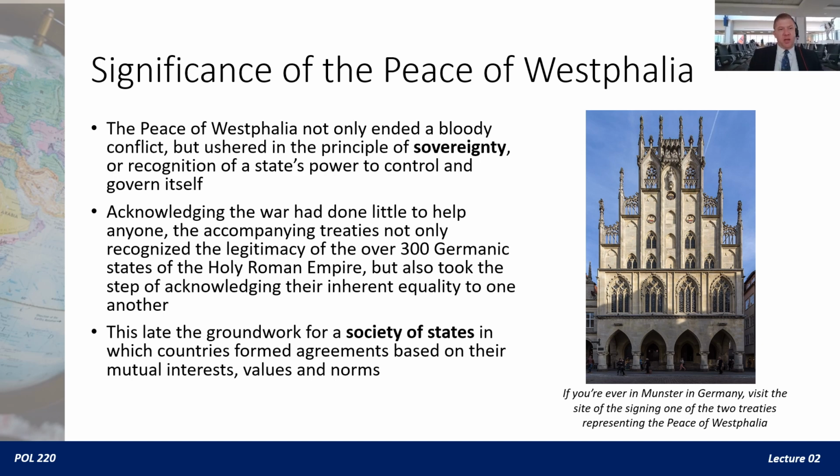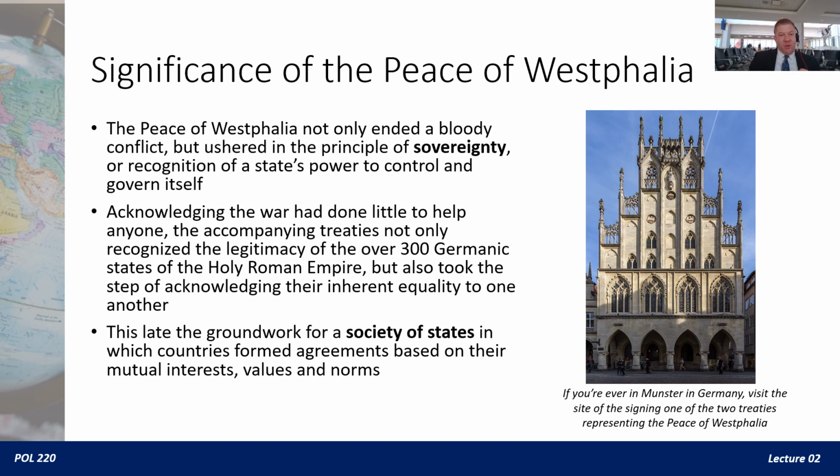Generally the feeling in Europe at the time was that the 30 Years' War had done very little to help anyone. The accompanying treaties, not only this one but others, recognized legitimacy of these 300 different Germanic states that emerged from the Holy Roman Empire, but also took the step of more or less acknowledging an inherent equality across them, that one wasn't more sovereign than the other, that sovereignty was a binary thing, like you had it or you didn't.